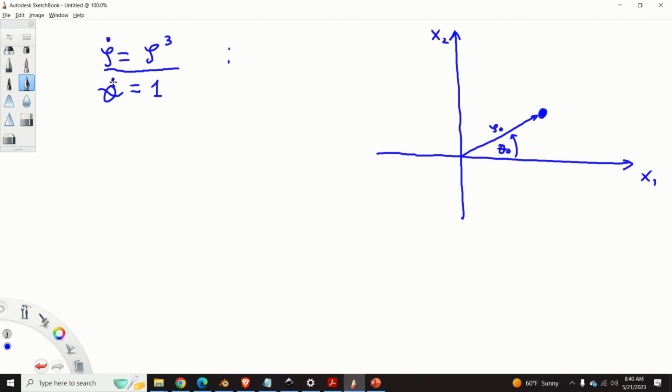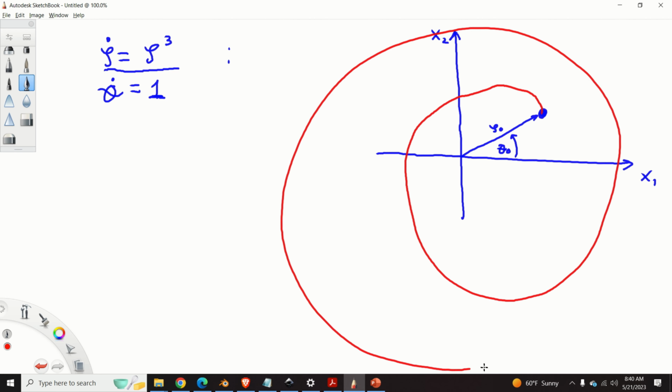And what happens over here? Theta dot is equal to 1. This means that we will go in the mathematical positive direction. That is, theta will increase. This implies that our state trajectories will look like this. The radius will increase over time.